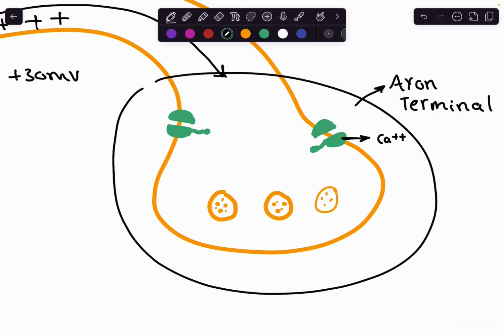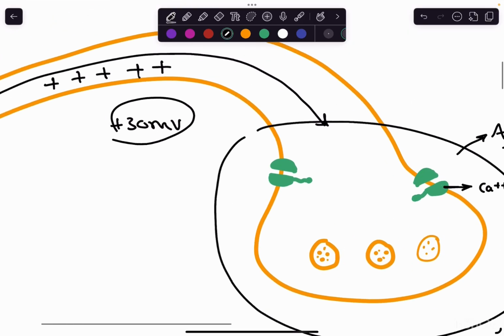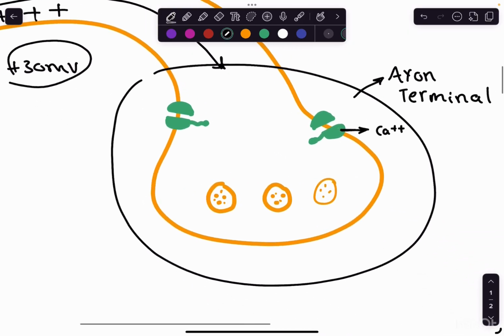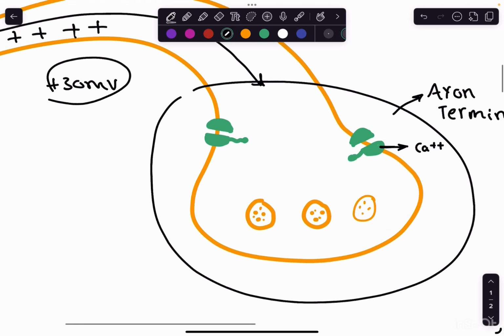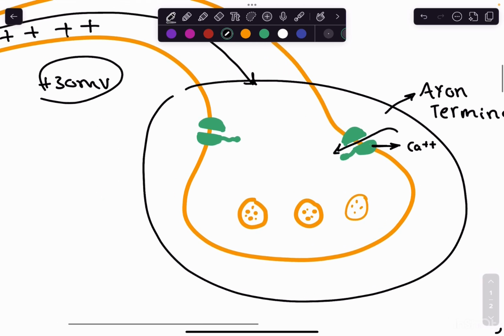They are stimulated by this positive 30 millivolts when the action potential reaches the nerve terminal. Once stimulated, those channels allow for calcium ions to get into the axon terminal.